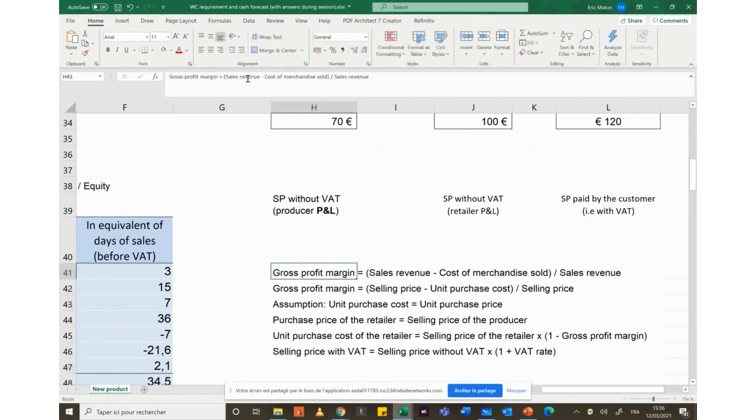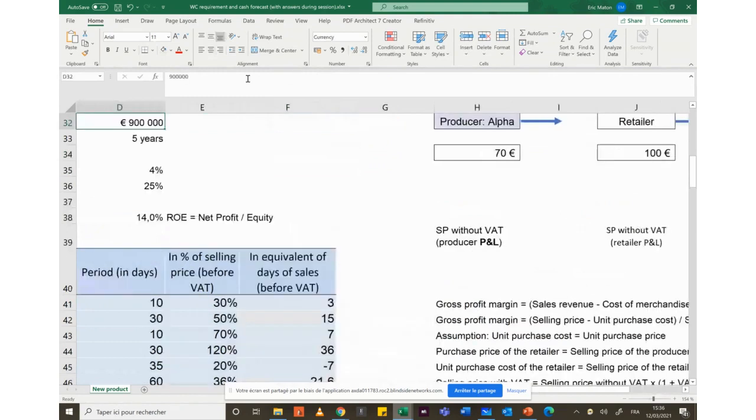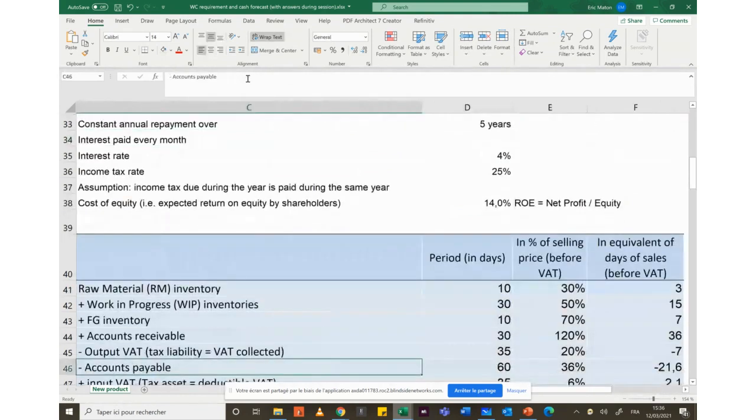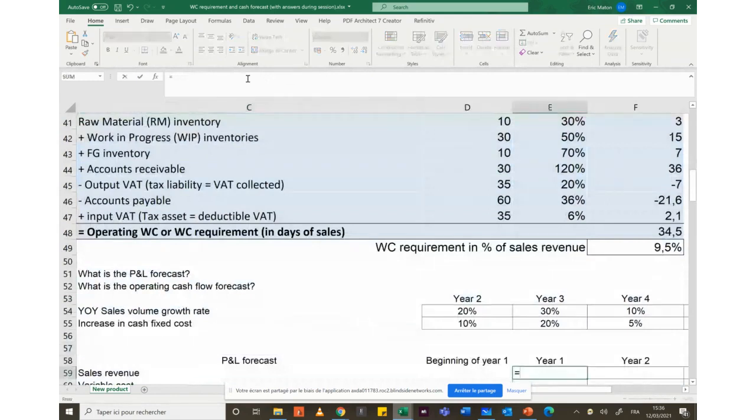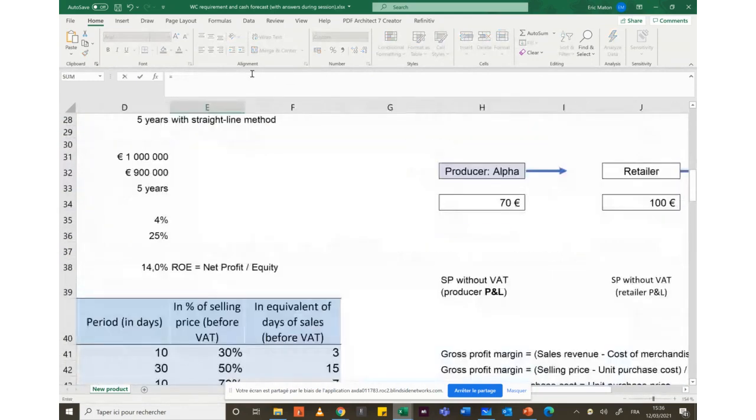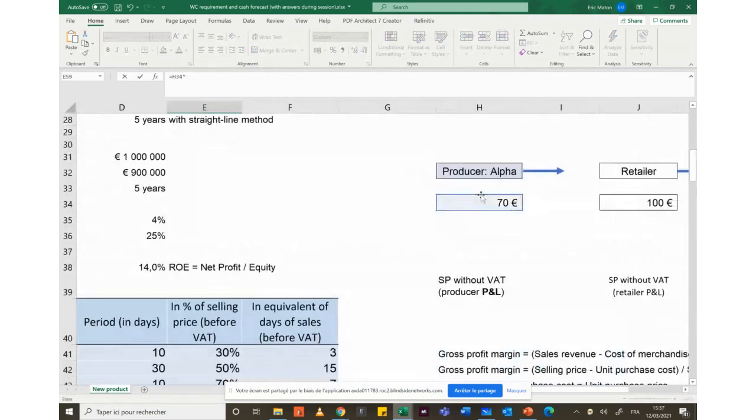So now we can put the sales revenue in our P&L. It's equal to the selling price of the producer, we are the producer, multiplied by the sales volume.